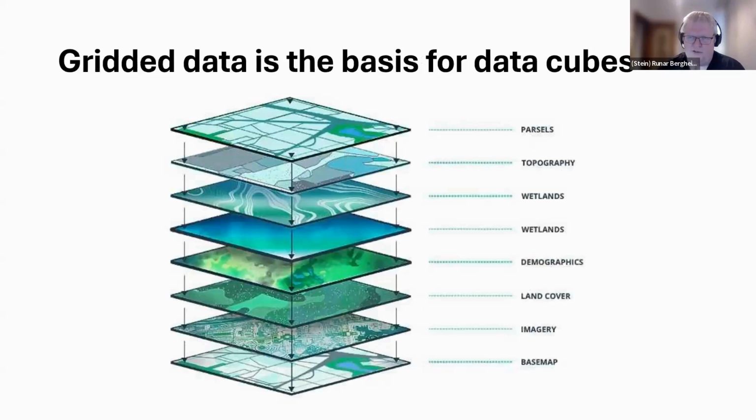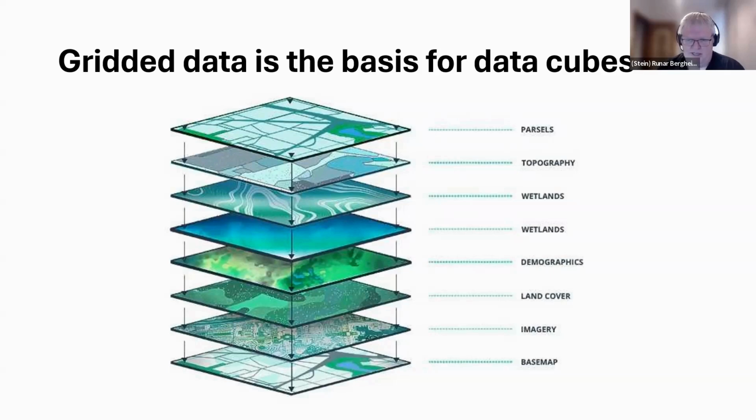So the basis of data cubes is gridded data. I have stolen an illustration because my own was not very beautiful, with a different spelling from what is considered conventional English. So parcels on top there is perhaps not the standard spelling, but nonetheless, the idea is that we possess information that sits in layers on top of each other or fused in the same actual space that describe some property of land.